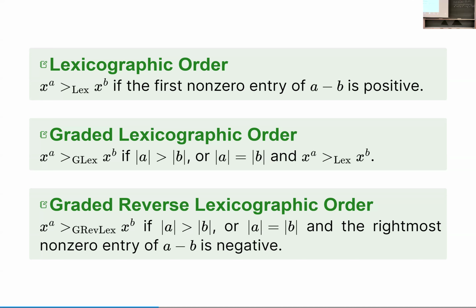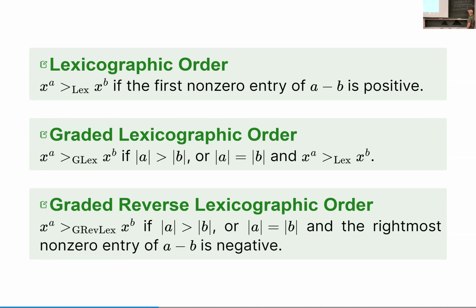Okay, but what if I want to rewrite this in one of the other orders? We agreed that with the graded orders, we look at total degree first. The total degree of this one is 4. 3 plus 2 is 5 plus 4 is 9. And this is 1 plus 5 is 6 plus 3 is 9. So these two have the same degree, and they're both bigger than that. So which one should go first? Again, I can do it with the exponent vectors. 3, 2, 4, minus 1, 5, 3.